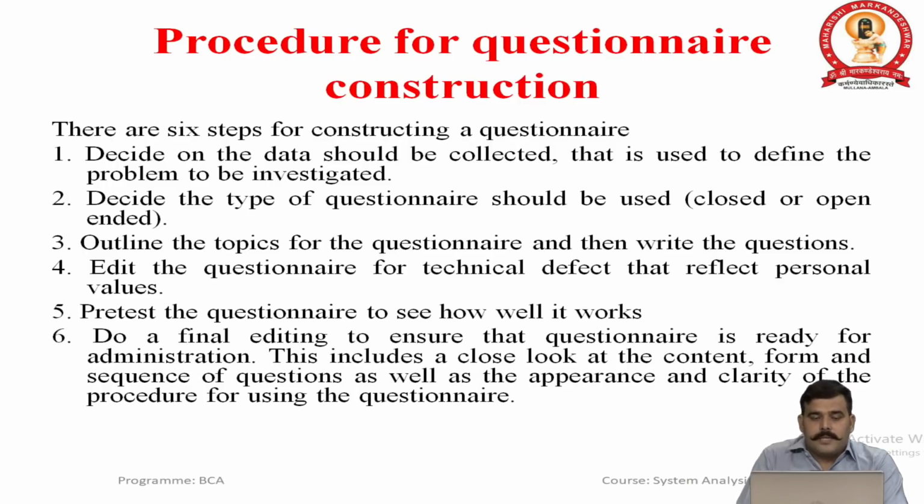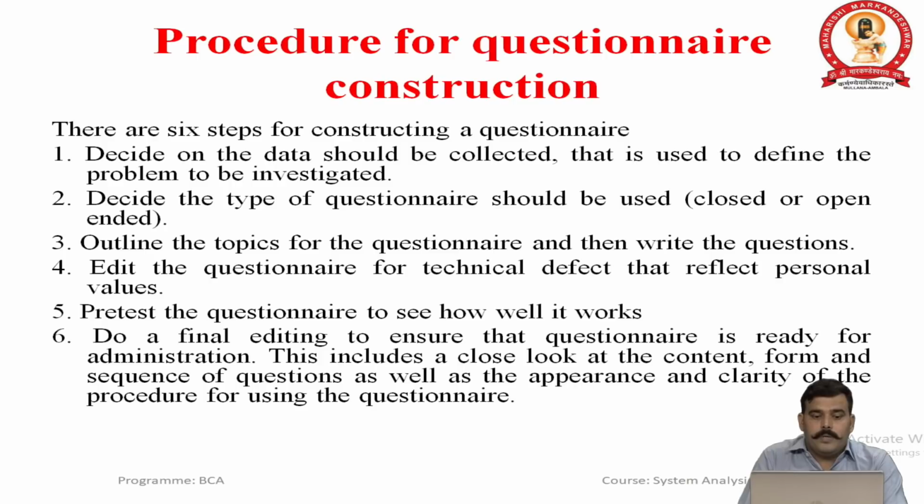There are 6 steps for constructing a questionnaire, or the procedure which we have to follow during the construction of a questionnaire can be covered by discussing these 6 points. The first point is to decide what data should be collected, that is used to define the problem to be investigated.